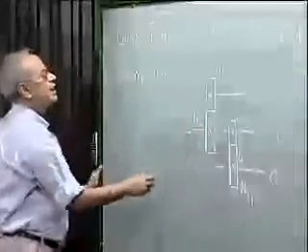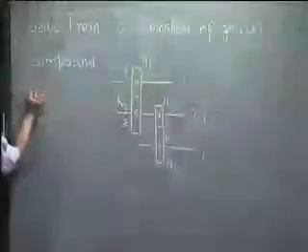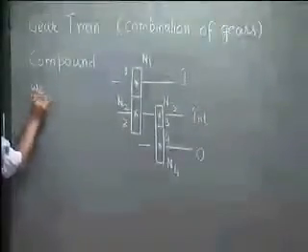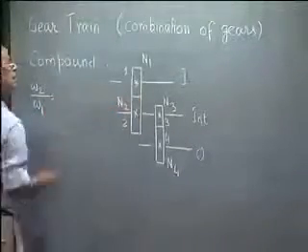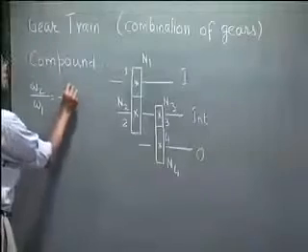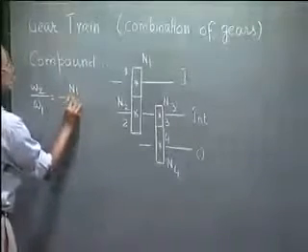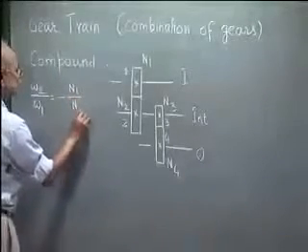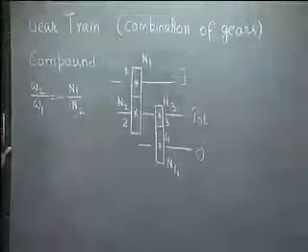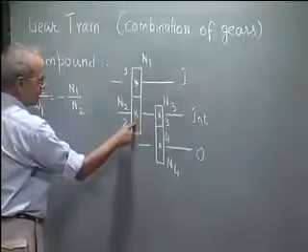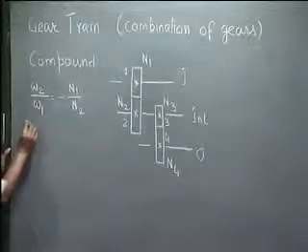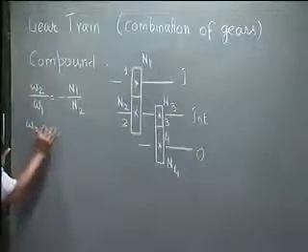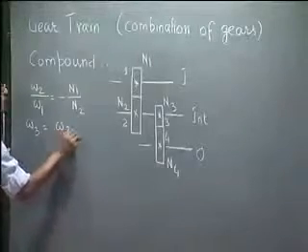So we can find omega 2 by omega 1, because it is external gearing, it is minus N1 by N2. And omega 3 is same as omega 2 because they are mounted on the same shaft.